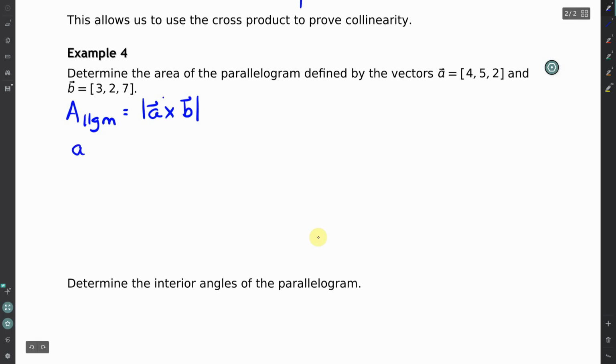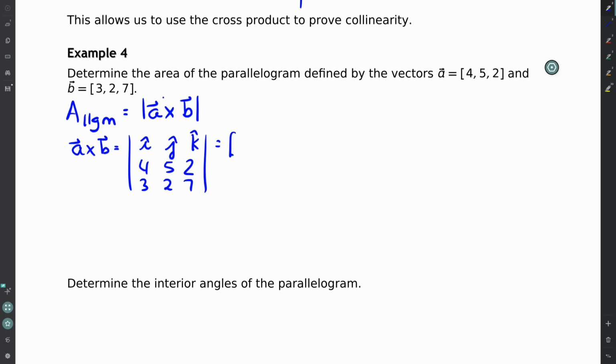So first of all, A cross B, and I will use the determinant form. So A is 4, 5, 2, B is 3, 2, 7, and I do prefer to write the differences because I find it difficult for some reason to just do the mental math consistently. So 5 times 7 is 35.